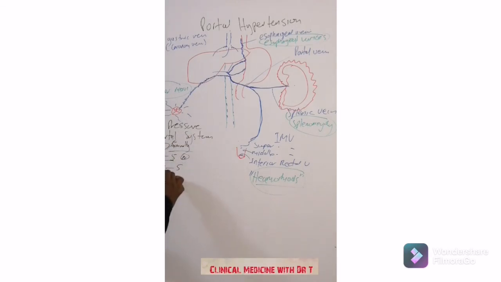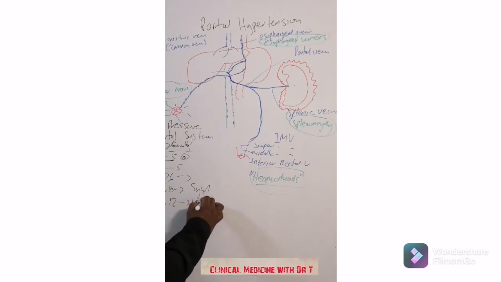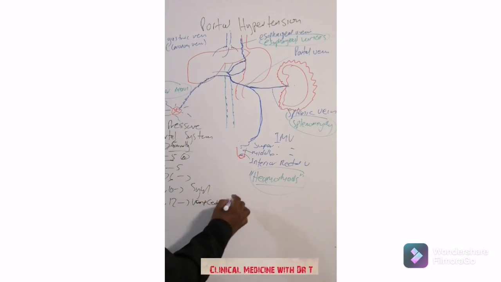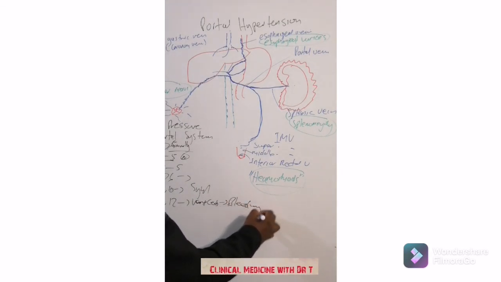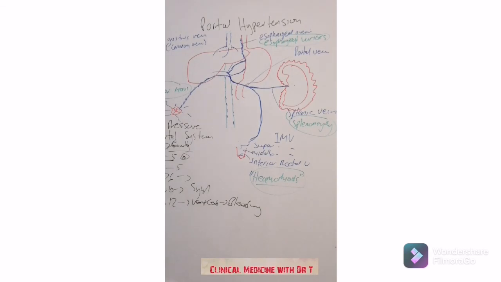So in terms of, I think this is just in case someone asks, the portal pressure is between 1 and 5. Once it's more than 6, then it's high. Once it's above 10, the patient will start to have symptoms, will be symptomatic. Once it gets above 12, the varices are likely to bleed. There's a high risk of bleeding once the portal pressure gets to above 12.